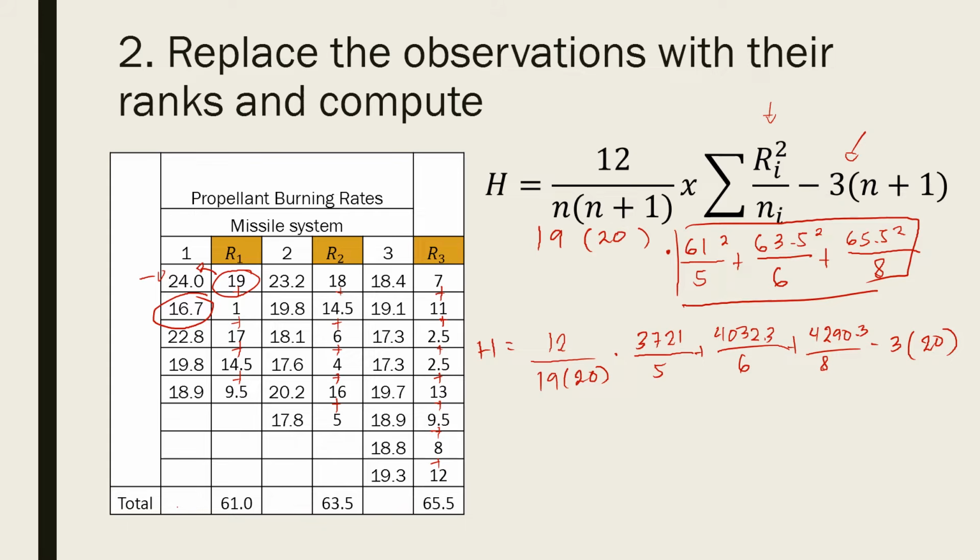And once we perform this operation, we're going to get an H score of 1.66.